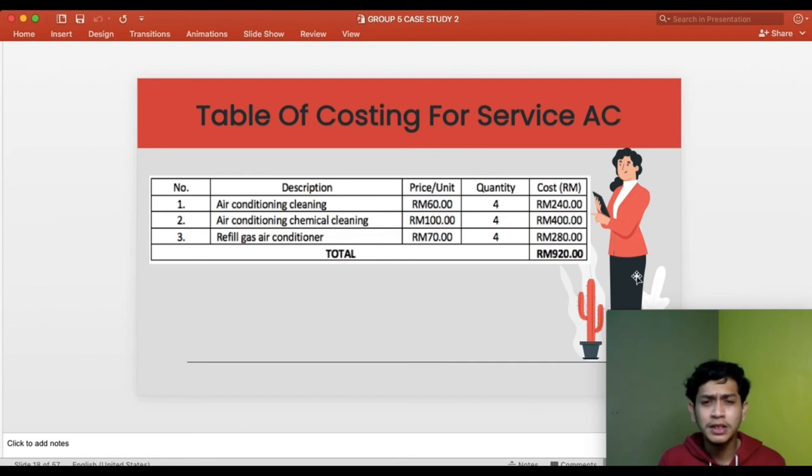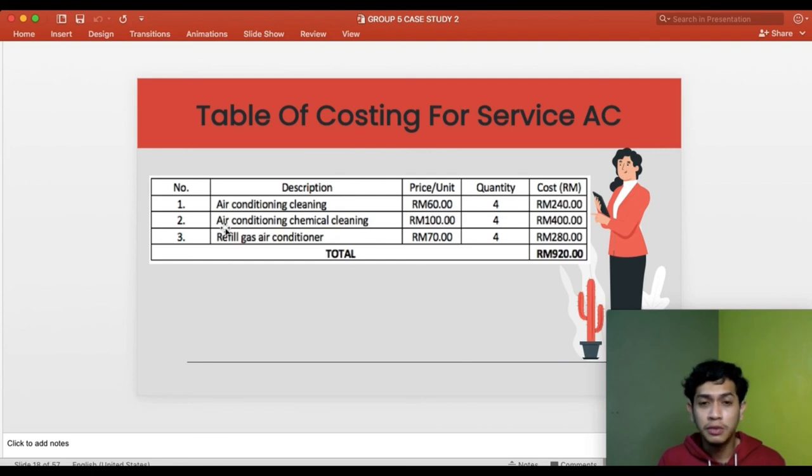So in this case study, my team wants to service around 4 units of aircon. So the first one is air conditioning cleaning. The price per unit that we want to clean is 60 ringgit. And the quantity of aircon we want to clean is 4, so the total is 240. So the next one is air conditioning with chemical cleaning.